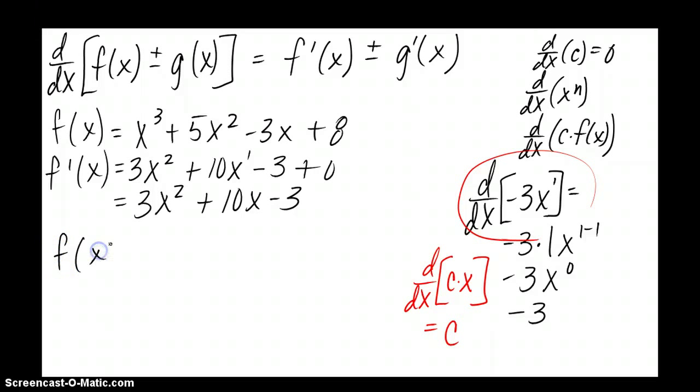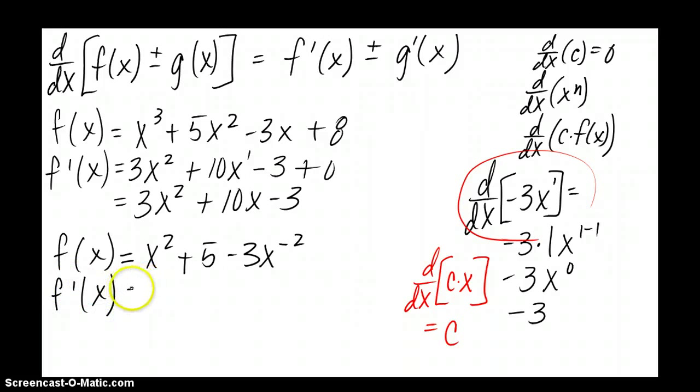All right, f of x equals x squared plus 5 minus 3x to the negative 2. So using each of our rules individually, the derivative of x squared is 2x, the derivative of a constant term is 0.